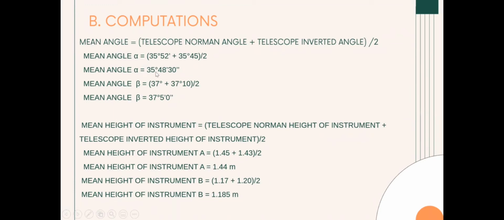So for alpha, it would be 35 degrees, 48 minutes, 30 seconds. And for angle beta, it would be 37 degrees, 5 minutes. And the same will be done to find the mean height of the instrument. 1.45 plus 1.43 all divided by 2 would be 1.44 meters. And 1.17 plus 1.20 divided by 2 is 1.185 meters.